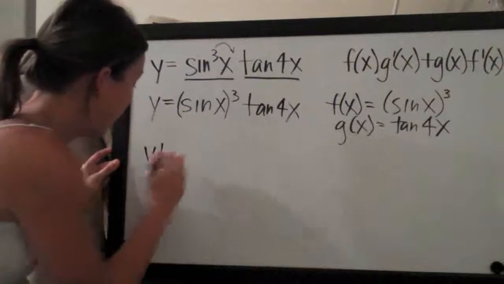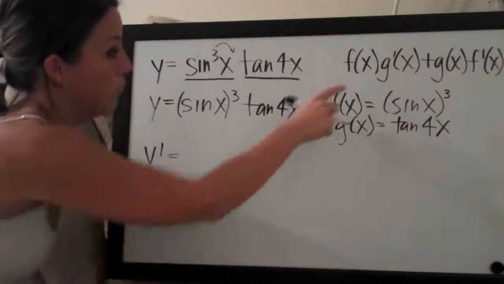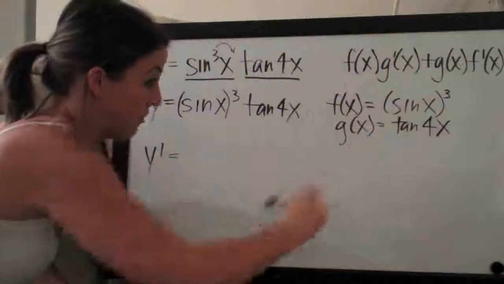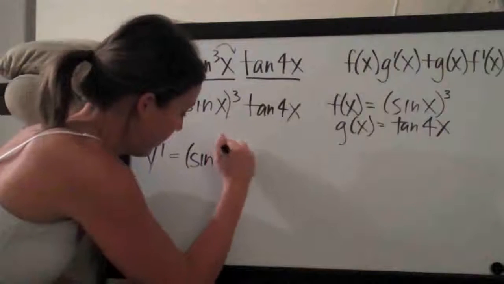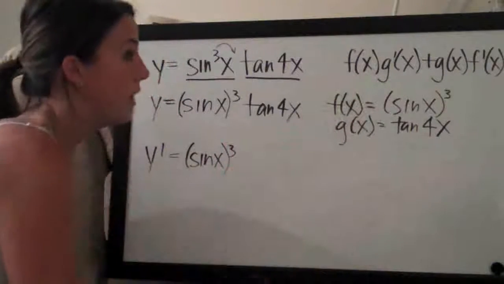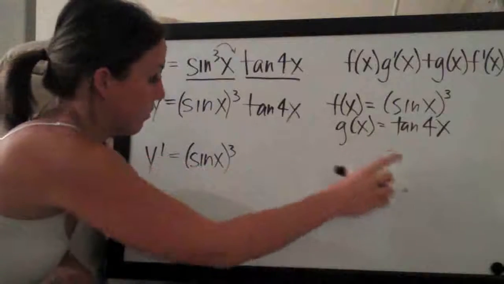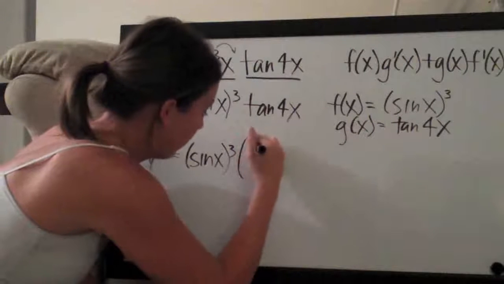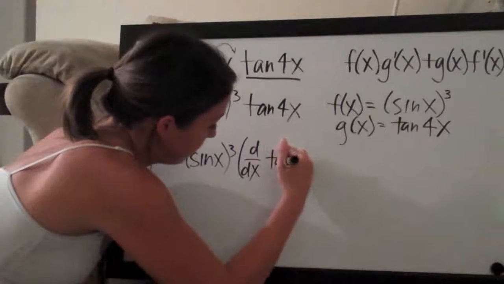So let's write out the derivative. Y prime equals, first we need f of x, which we just leave alone, we don't need to take the derivative. So sine of x cubed times the derivative of g of x. I'm going to write out the whole problem and then we'll take the derivative later. So that's times the derivative of tangent of 4x.